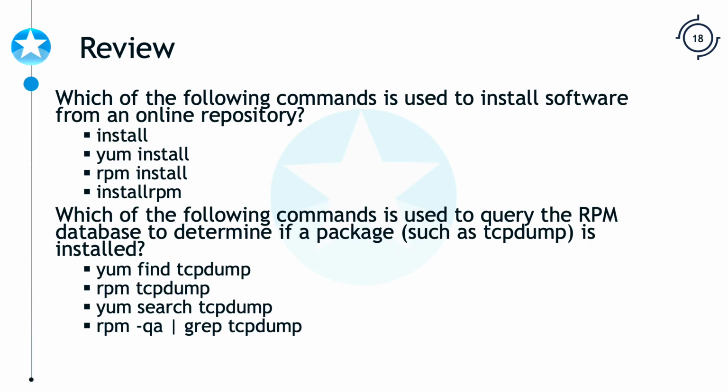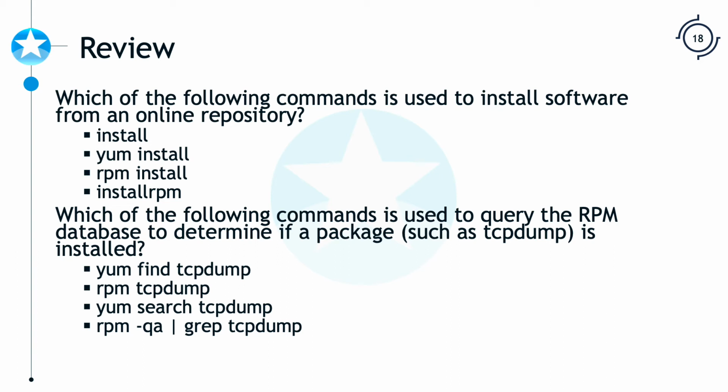Okay, time for some review questions. Which of the following commands is used to install software from an online repository? Is it install, yum install, RPM install, or install RPM? Second question, which of the following commands is used to query the RPM database to determine if a package is installed?